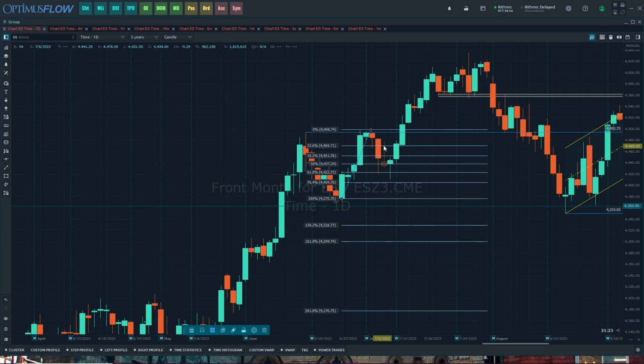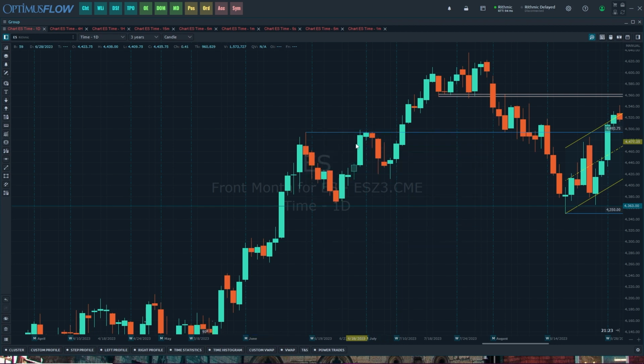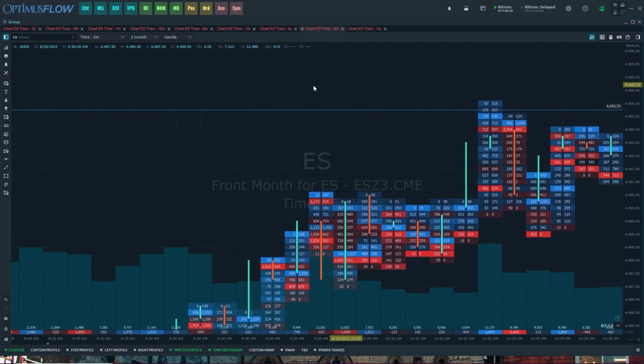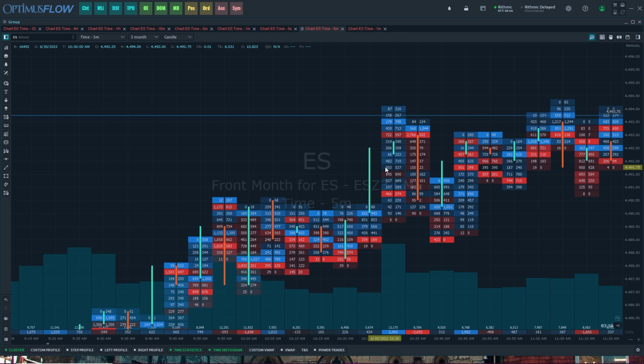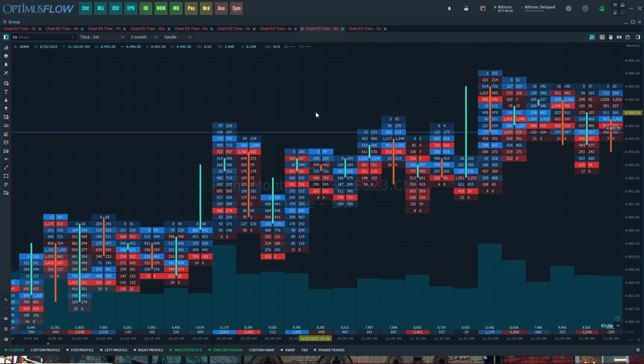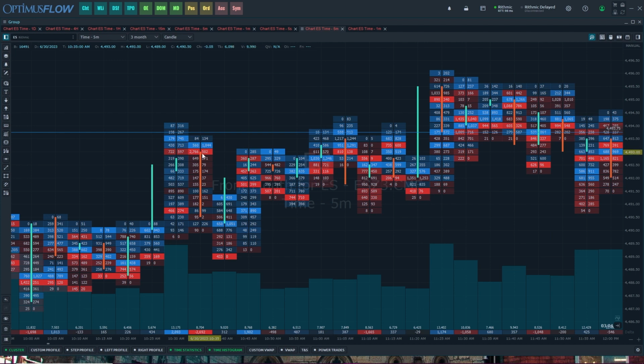So when we zoom in on this day on the 29th to really determine, okay, is this double top going to hold? The one thing that I always like to look at is the footprint chart. So the first time it came up to test it was here, and we can see this is a 5-minute footprint chart.